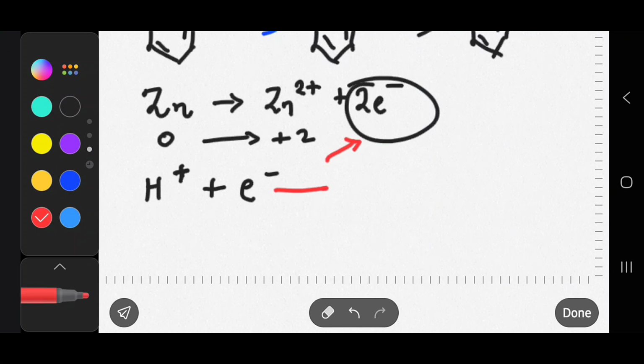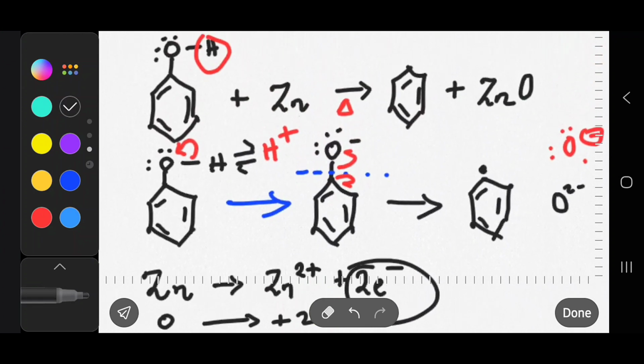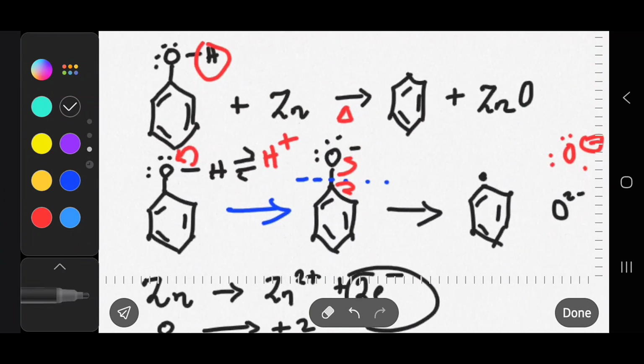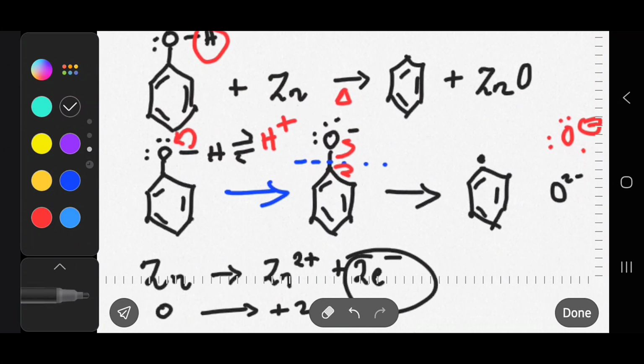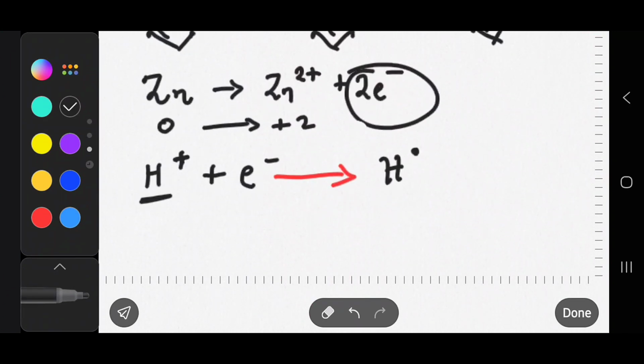When it picks it up, what we essentially have is a hydrogen radical formed. Can you see? This is how the radical is formed, from the proton of the phenol as a result of electron pull from the oxygen-hydrogen bond.